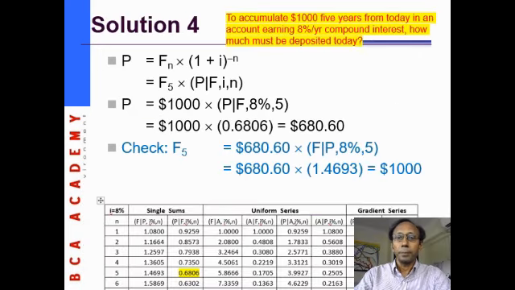Okay, so let us look into the solution to the problem. We know that from today, 5 years later, the n is equal to 5. I want $1,000 to be yielded.